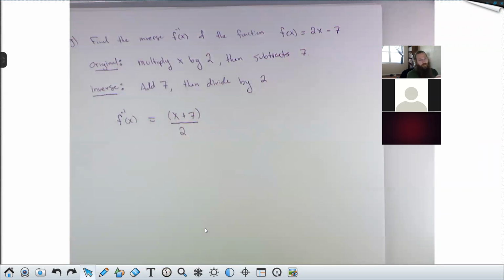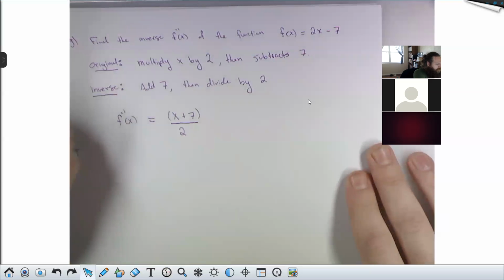Reversing those and doing them in reverse order, we could add 7 and divide by 2. This works great, but it can be a little bit clunky. If someone gives you the problem in terms of algebra, it would be nice to have an algebra process that just gives you the inverse instead of going through this verbal description along the way.